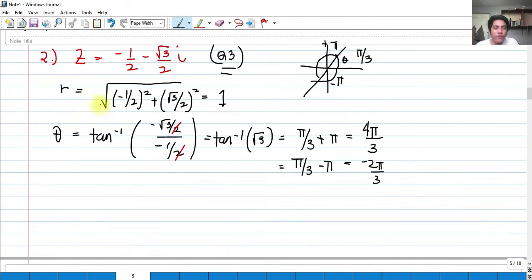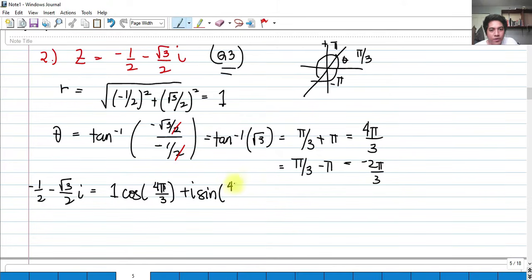So for the polar form of this, you can choose one. Negative 1 half minus square root of 3 over 2i is now equal to r, which is 1, times cosine of 4 pi over 3 plus i sine of 4 pi over 3. We also have the 1 here, but it doesn't matter, I'll delete the 1 because it's understood.